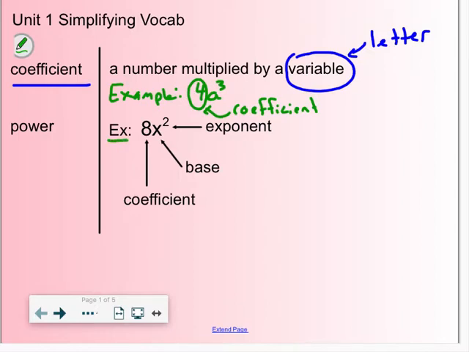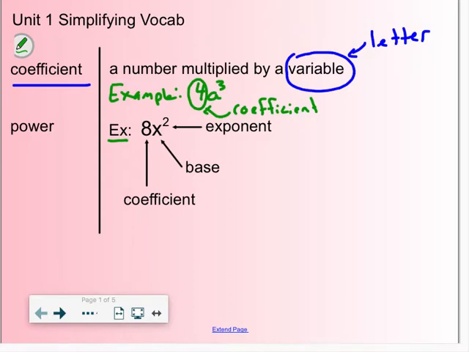Again, that 8 in front of that letter is your coefficient. Sometimes we say the letter or the number underneath that little superscript 2 is your base. I'm not going to be concerned about that.